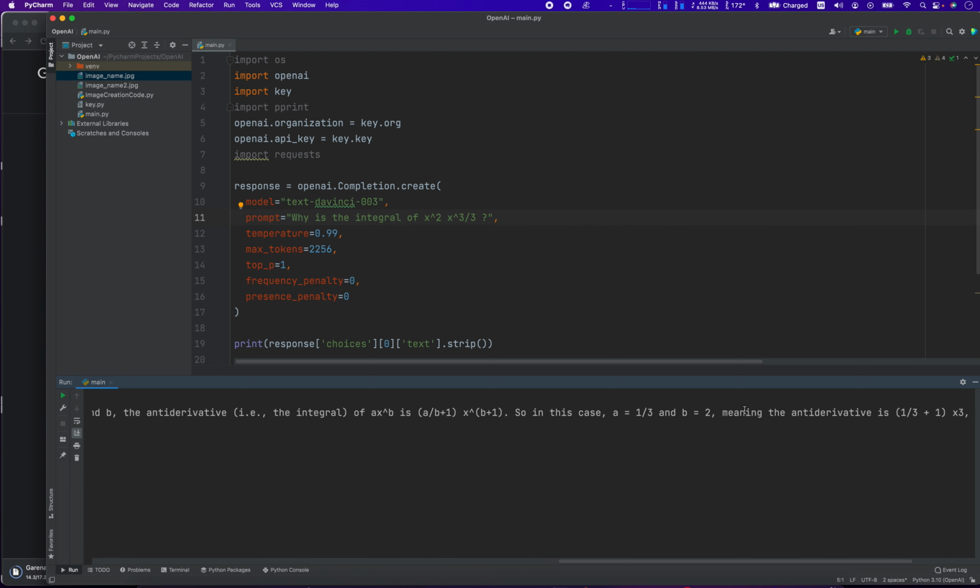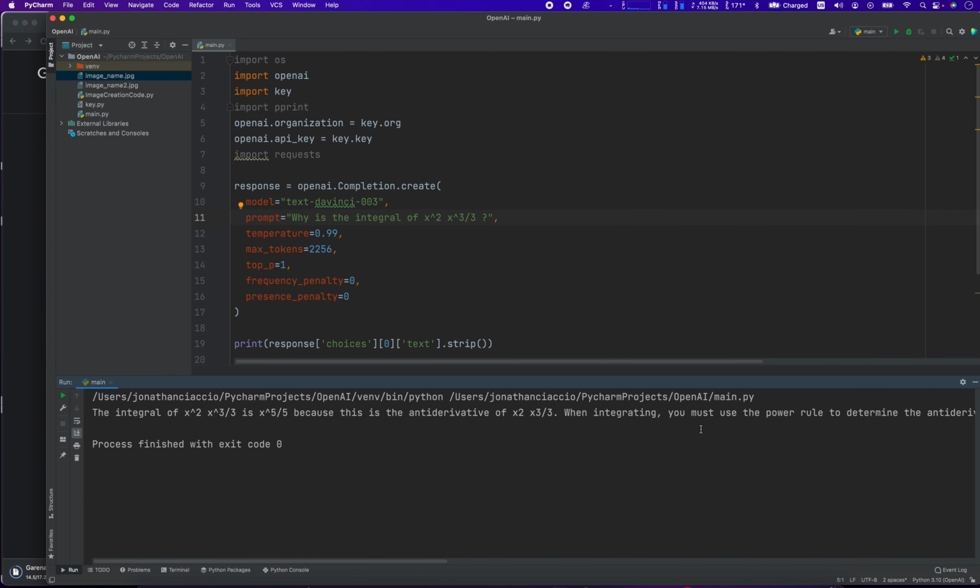So in this case, this is a freaking good explanation, holy cow. So in this case, a equals 1/3, b equals 2, meaning the antiderivative is 1/3 plus 1 times 3, which simplifies to x to the 5th over 5. Interesting. That's a pretty robust explanation.